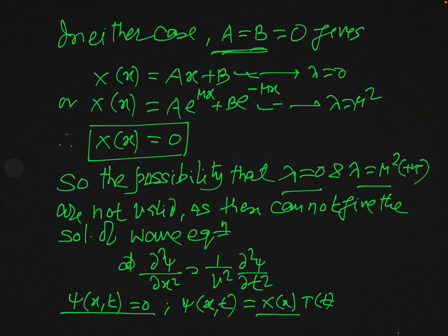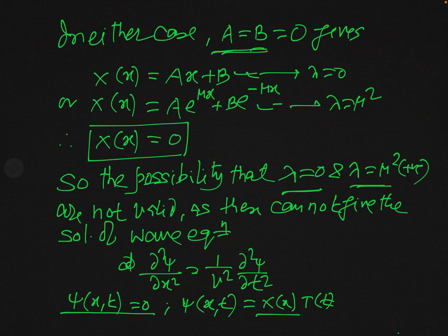So since the wave function is 0, it is not a valid wave function. So definitely our supposition that lambda is either 0 or positive is not a correct supposition, and so this possibility is not valid.